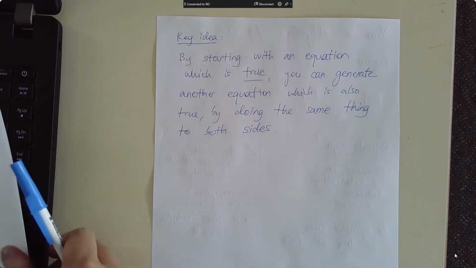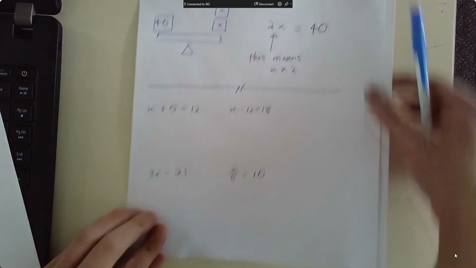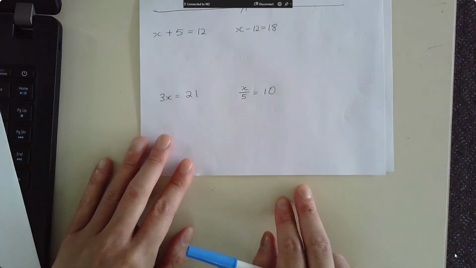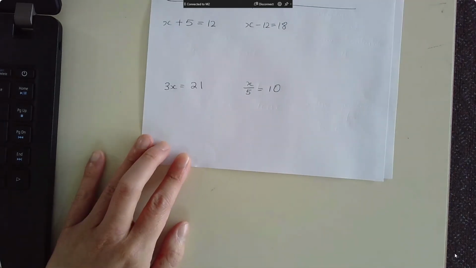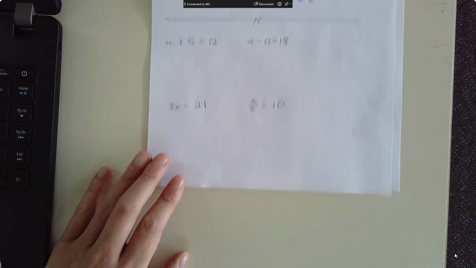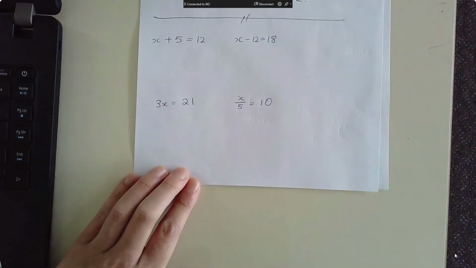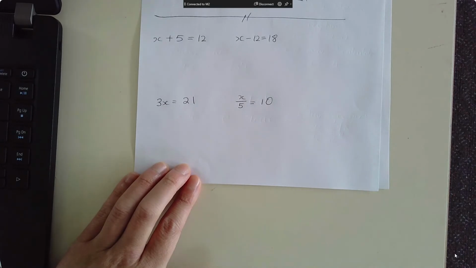So let's take a look here. Got some examples here. In a moment I'll give you a table to make life easier. I want you to solve these equations not by just guessing the answer or looking at it. I want you to be conscious of what step you are performing to both sides.